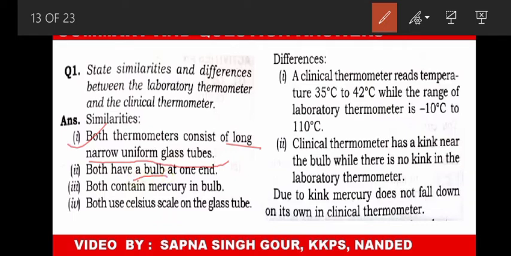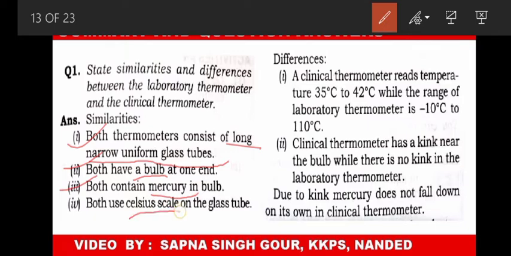You can see this bulb in both the thermometers. Then the third similarity is both contain mercury in the bulb.